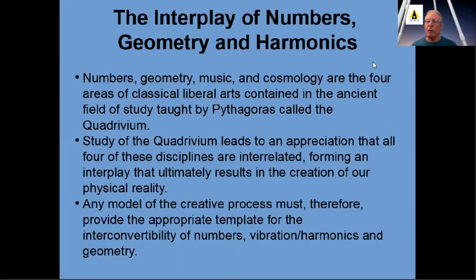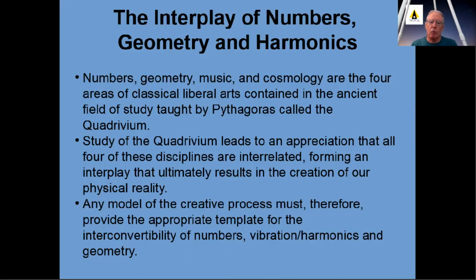With that as background, the next step is to talk about harmonics and the interplay of geometry, numbers, and harmonics in the creative process. So numbers, geometry, music, and cosmology are the 4 areas of classical liberal arts contained in the ancient field of study taught by Pythagoras called the quadrivium.